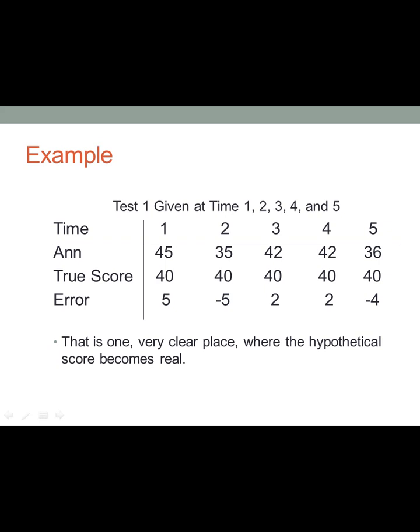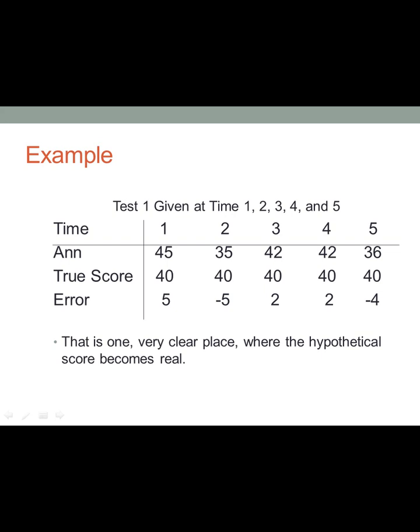You're familiar with this if you happen to take the SAT or ACT more than once, and you can hardly fail but notice that you got 2 different scores. So Anne takes this creativity test 5 times, and sure enough, she gets a 45 the first time, a 35 the second time, a 42, and a 36.